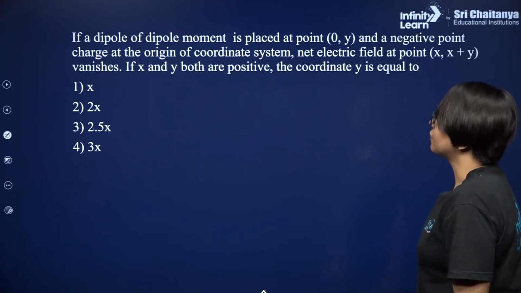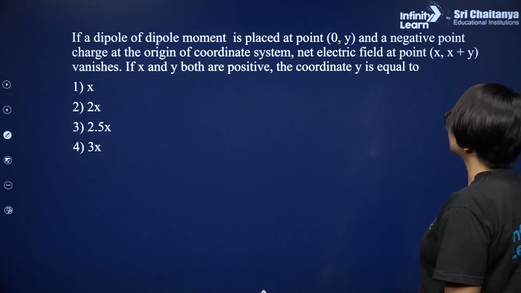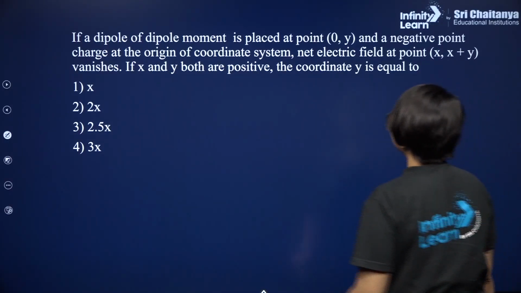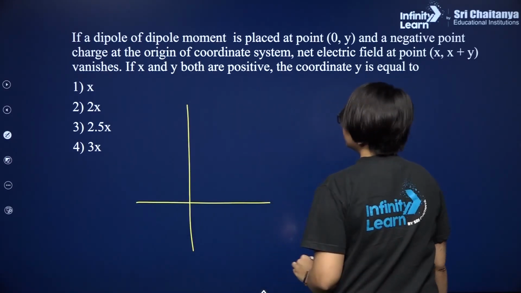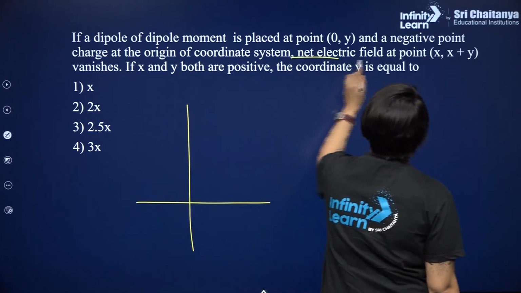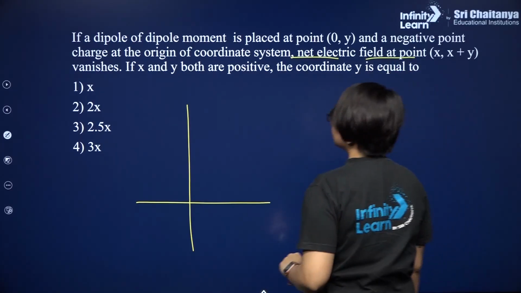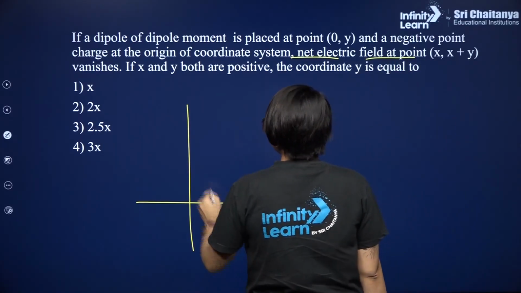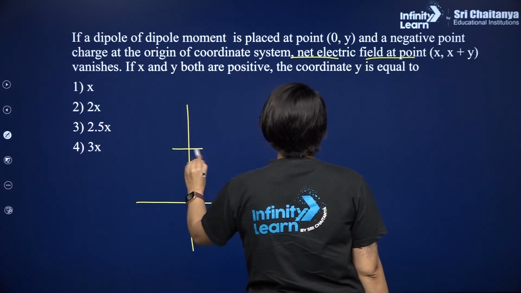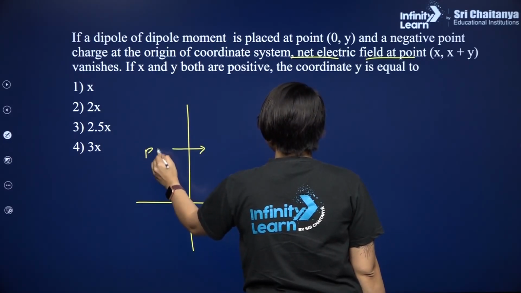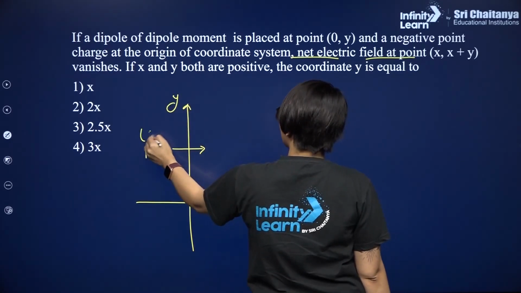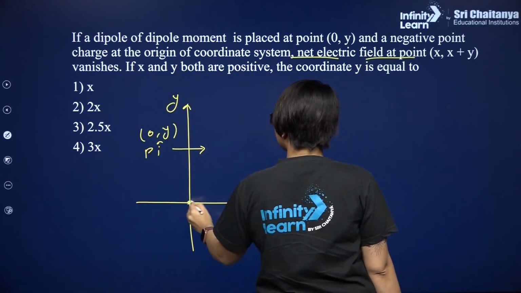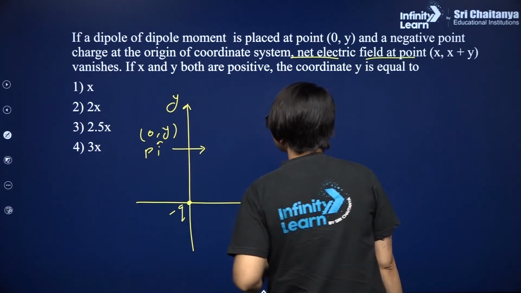Next is this one: if a dipole of dipole moment p is placed at point 0 comma y and a negative point charge at the origin of the coordinate system, the net electric field at point x comma x plus y vanishes. So we are placing a dipole having dipole moment p i cap at 0 comma y and one negative charge at the origin, right?